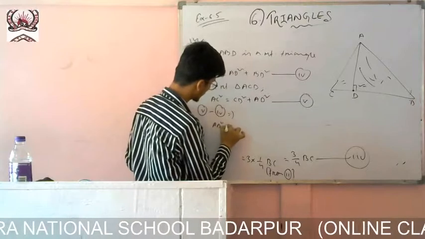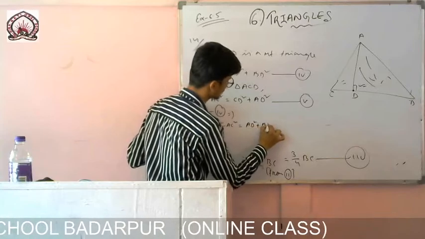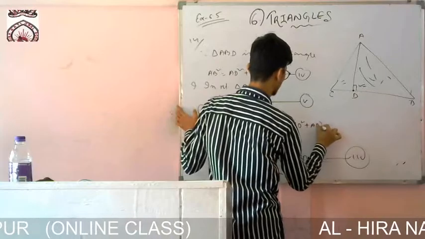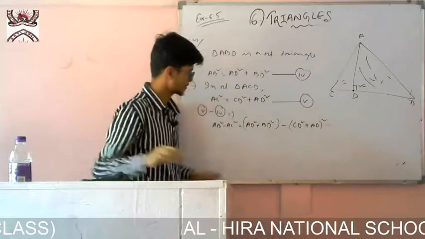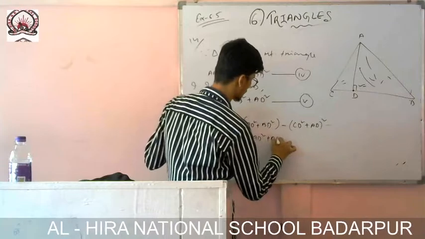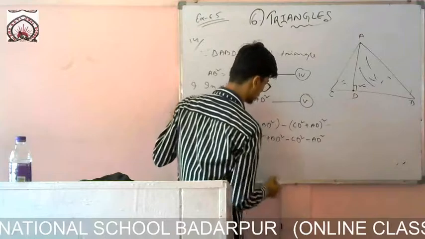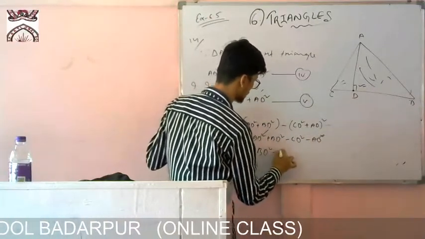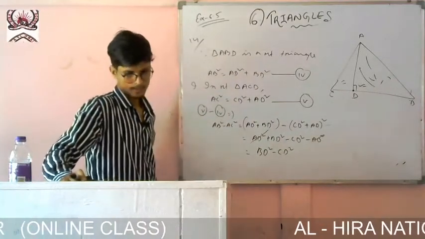AB square minus AC square is equal to AD square plus BD square minus CD square plus AD square, which is equal to AD square plus BD square minus CD square minus AD square. So AD cancels, and we have BD square minus CD square.